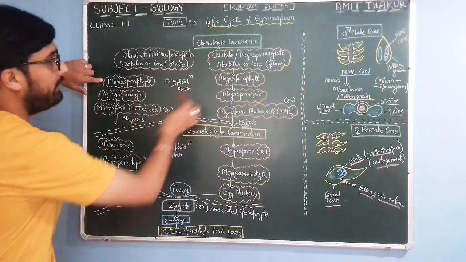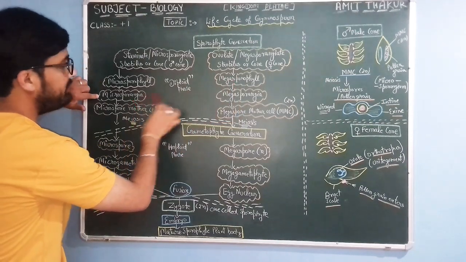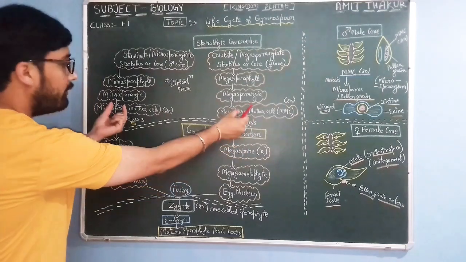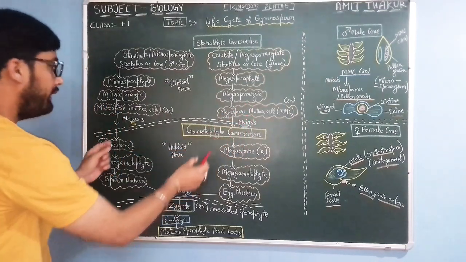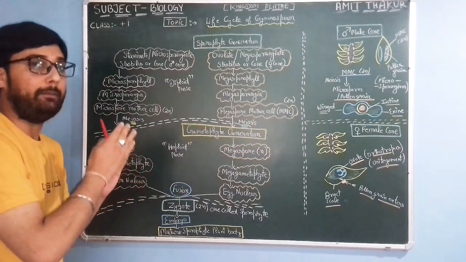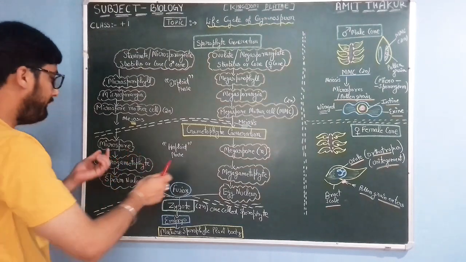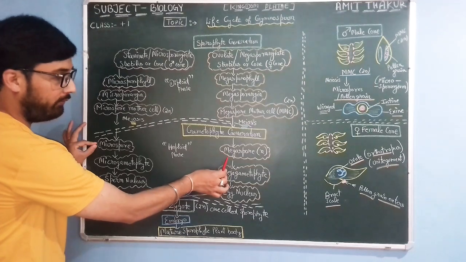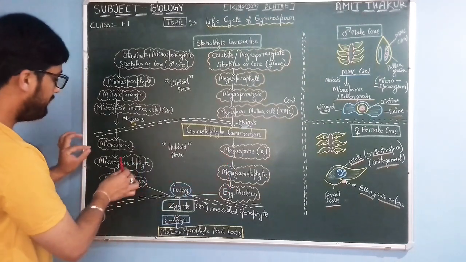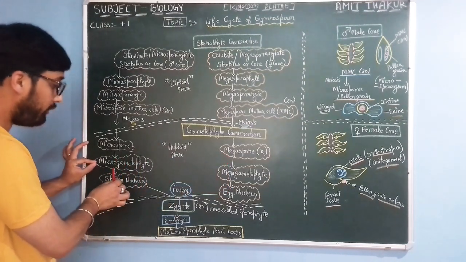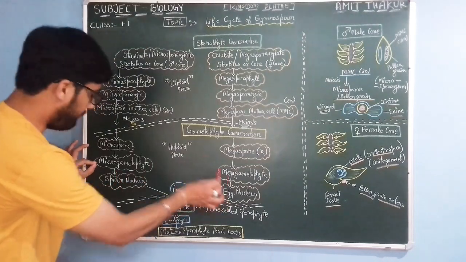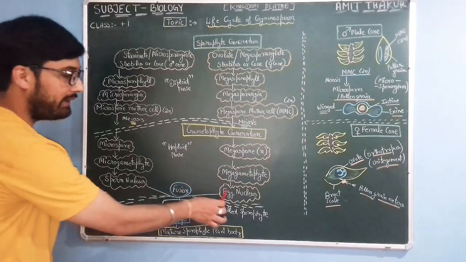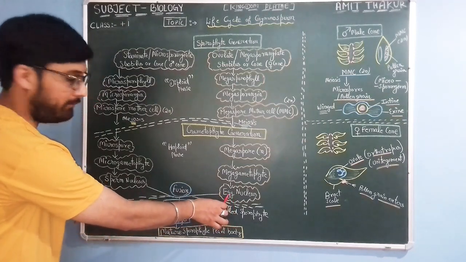So microsporophyll, megasporophyll, microsporangia, megasporangia, microspore mother cell, megaspore mother cell: both undergo meiosis and enter the gametophytic phase. This forms microspore, this forms megaspore. From microspore to microgametophyte, this megagametophyte. Sperm nucleus or male gamete, egg nucleus or female gamete.